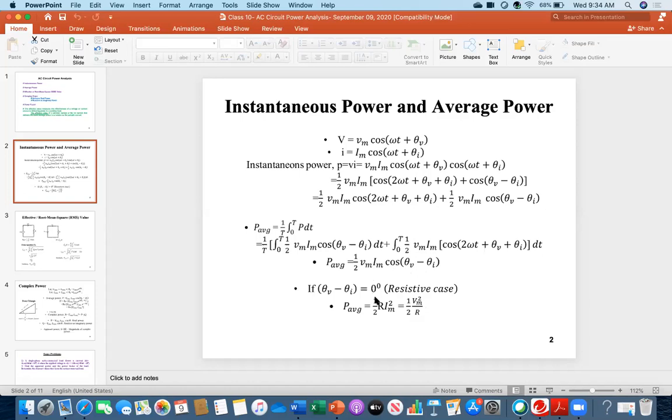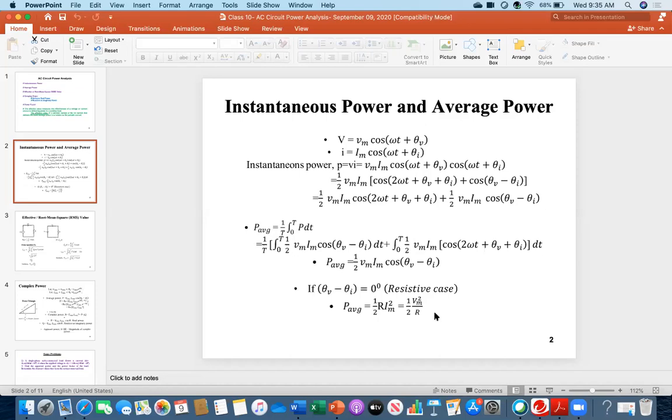So in that case, you will get half R Im squared. If you want to express it in terms of voltage, Im means Vm over R. Therefore, you get half Vm squared over R. So you see, in a DC circuit, P is Vm squared over R or Im squared R. Only the half is the new thing that you are looking at.